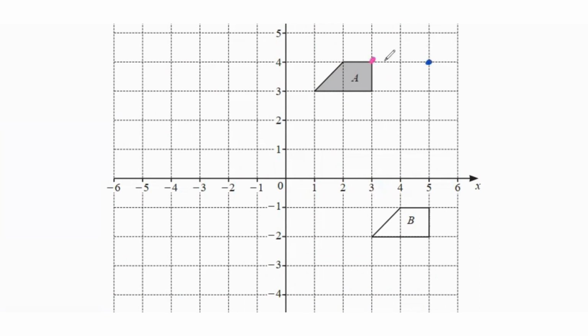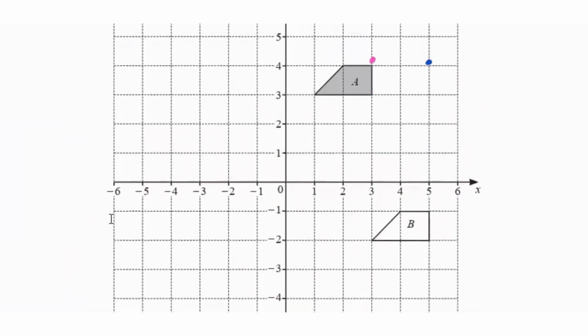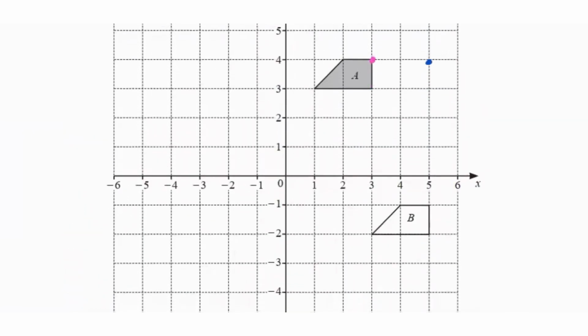If you look, this point is 2 units from the center, and our scale factor is given as 2, which means this distance will be multiplied by 2, and that's going to become 4. So it's going to be 1, 2, 3, 4. So this is going to be the first point.